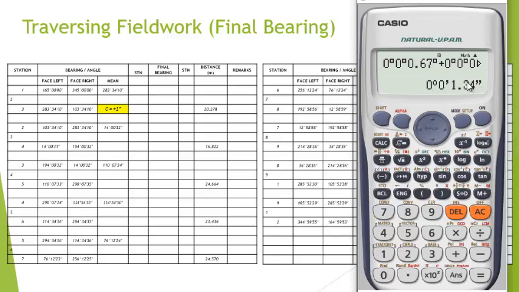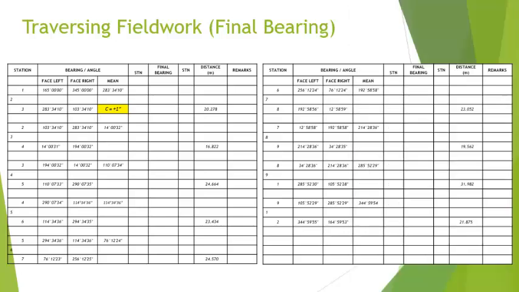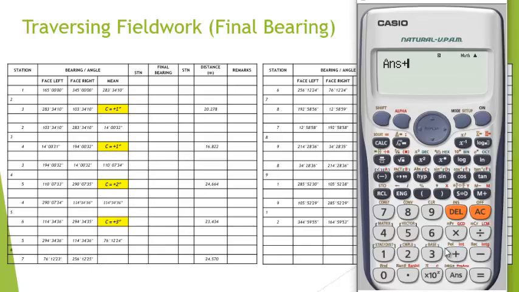If we round this value to the nearest second, it is still 1 second. Again, repeat the process, 0, 0, 0.67, and we will get 2.01 seconds.